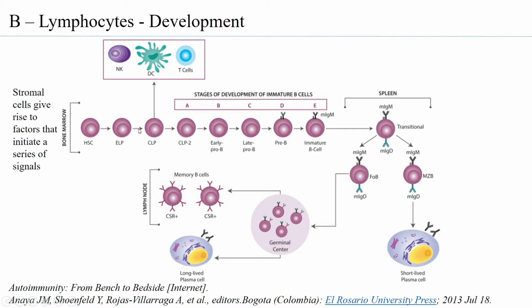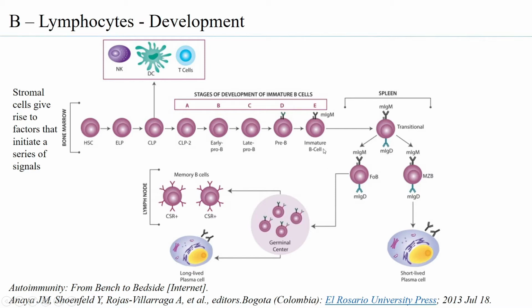secreted by the stromal cells, can go in for formation of natural killer cells, dendritic cells, and T cells, but they can also give rise to the common lymphoid progenitor 2, and this common lymphoid progenitor 2 gives rise to the B cell lineage. So from the common lymphoid progenitor type 2 cells, one gets the early pro-B cells, late pro-B cells, pre-B cells, and finally the immature B cells.